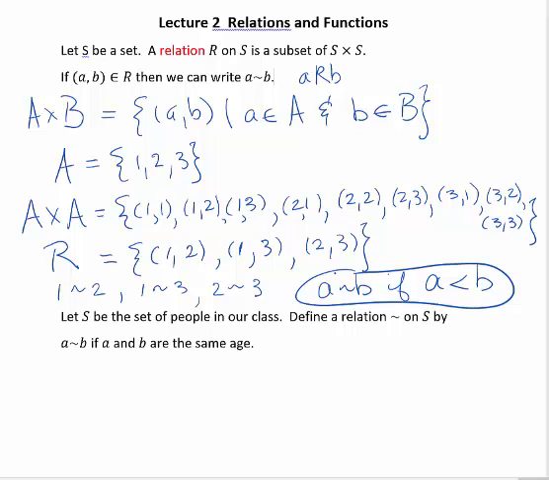For example, we don't need sets of numbers. If S is the set of people in our class, define a relation on S by, well, a is related to b, one person is related to another, if a and b are the same age.